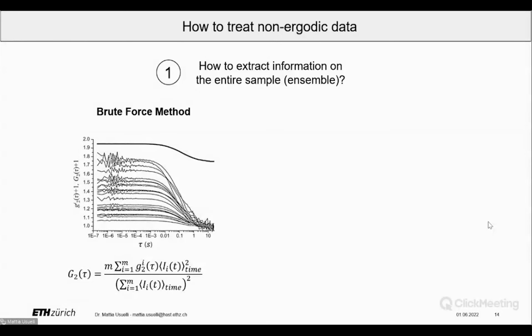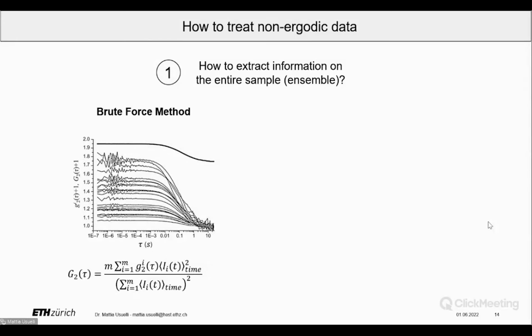I make a measurement in another location. I go on, I take many, many measurements in different sub-ensembles. Then if I have been mapping properly a huge number of sub-ensembles, I perform an average and I can extract the ensemble average intensity correlation function, that is also time-averaged but performed on many sub-ensembles.